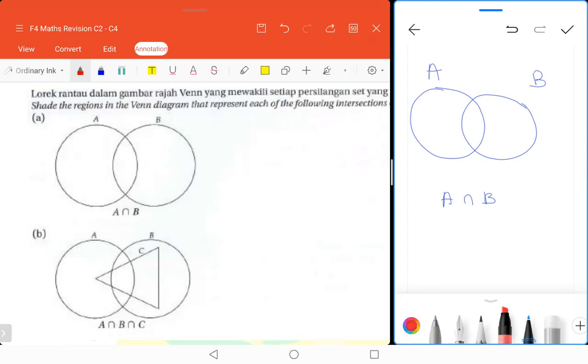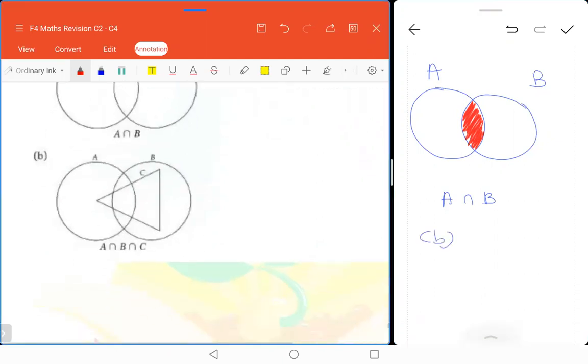Double check. The answer should be here, in the middle. The answer is only here. We have done. Then we can proceed with question B here.